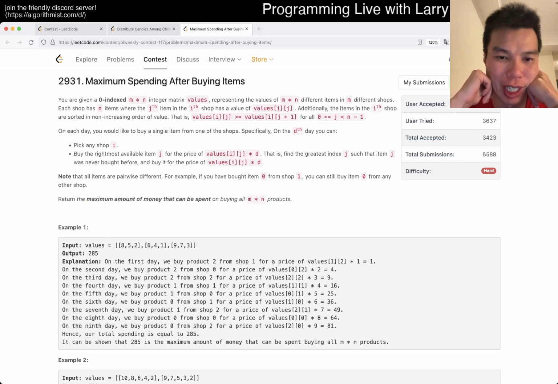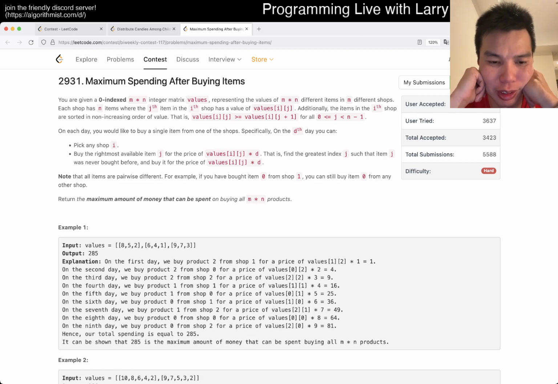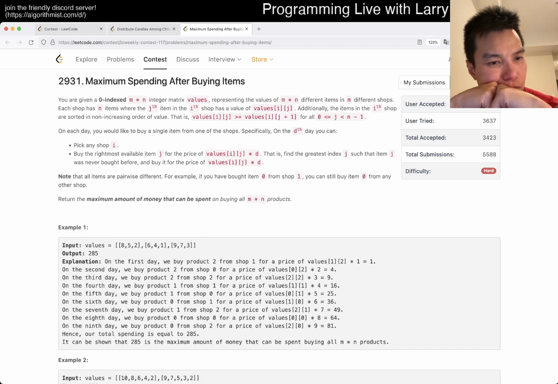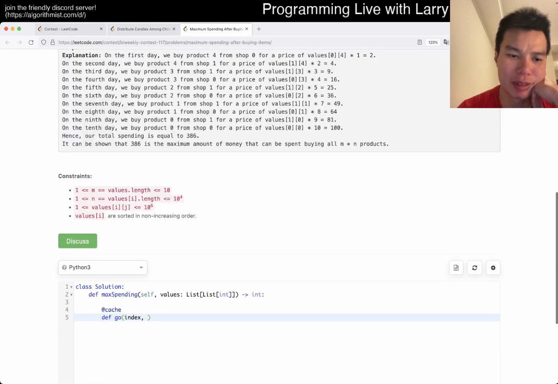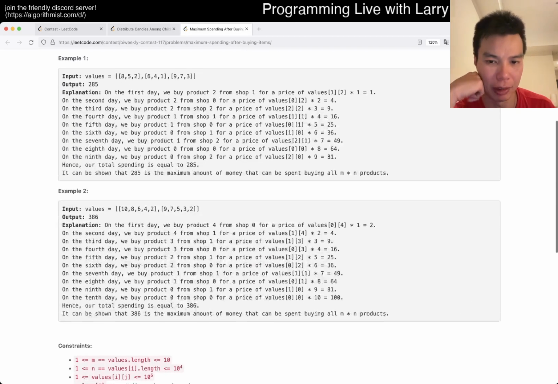Basically, you want to buy all the items, but you want to do it in some way. Also, everything is reversed. I don't know why they do it this way, but okay. That part's not that important. And you could change when to buy an item. So actually, I don't know if it's DP. It's definitely not this type of DP. So I take it back a little bit.